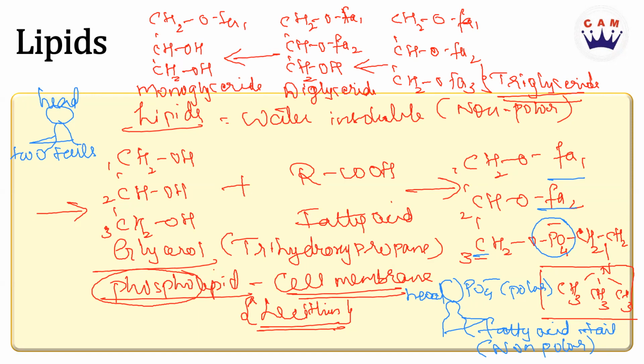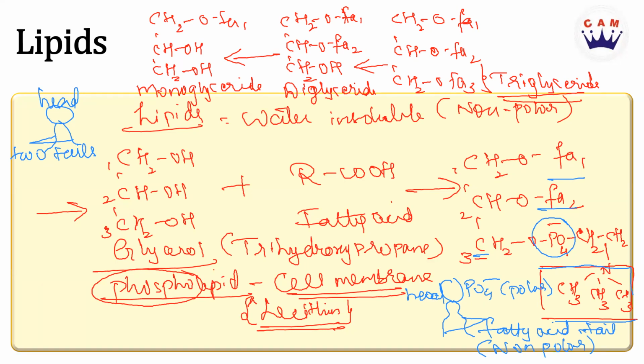What makes the difference between one phospholipid and another is the additional functional group, which has been shown in what? The bracket. N having 3 methyl groups. If you see the other phospholipids, the functional group will not be the same. In sphingomyelin, it will be different. In cerebroside, it will be different. Other things will be the same. Fatty acid attached to carbon 1 will be the same.